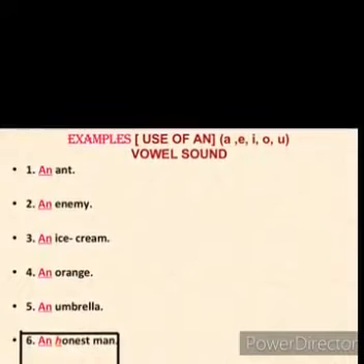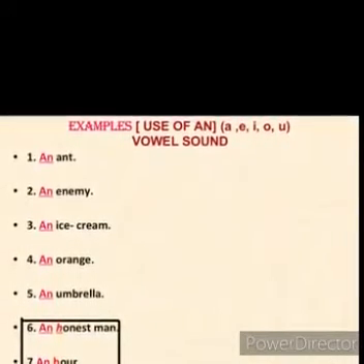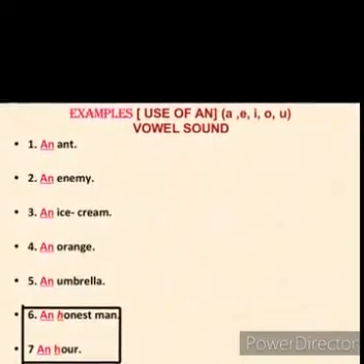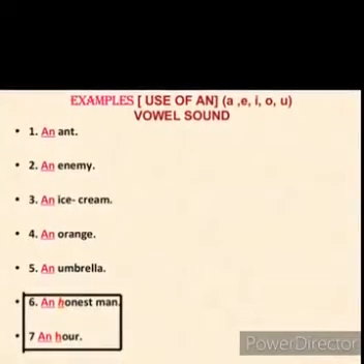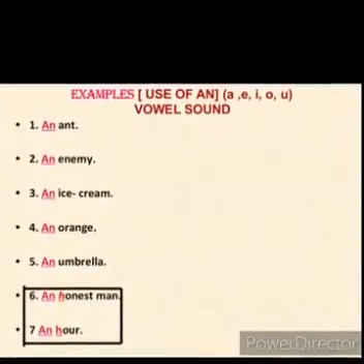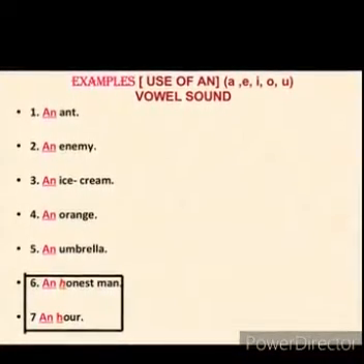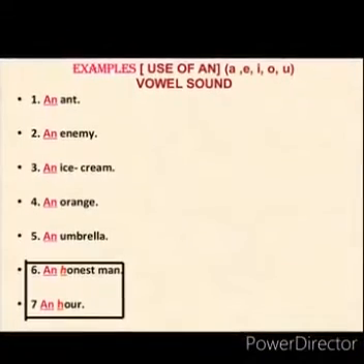Now notice the word hour and honest. So in both these words, H is silent. So hour and honest start with a vowel sound. That is why we have used article an.